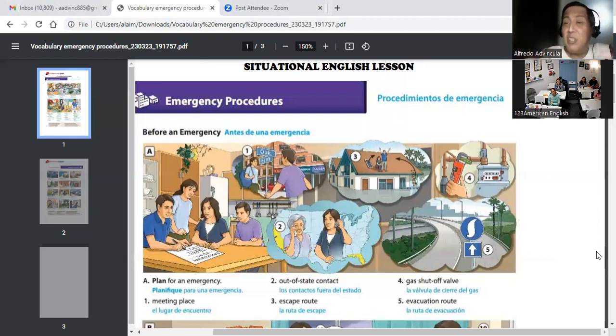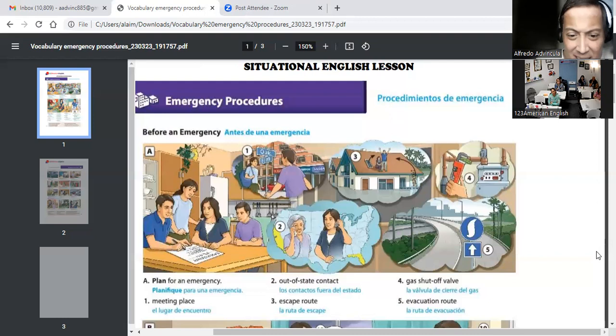If our area is really affected by something bad, flooding, for example, you might have a relative living in another state far away, and that would be a good out-of-state contact. So that's number two: we always want to develop an out-of-state contact.